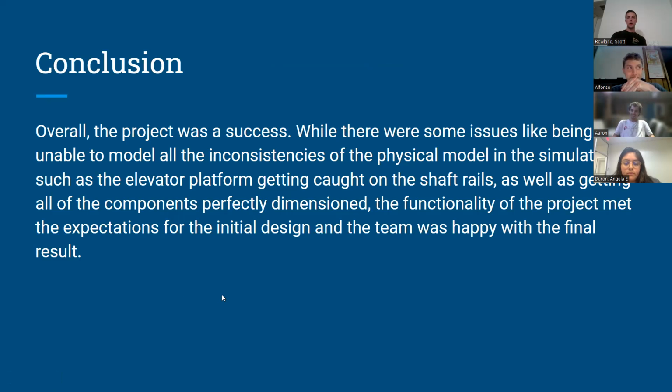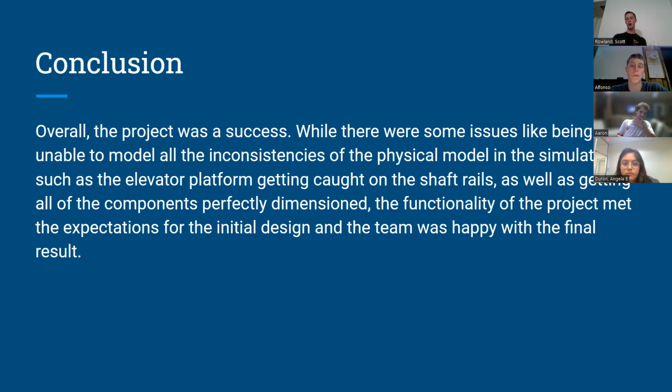And while there were some issues, mostly in terms of getting all of the dimensions and the components correctly configured, and we did have some issues with modeling every single one of the inconsistencies of the physical model within our Simulink simulation. The most notable example being how when the elevator occasionally catches on the rails, because it was kind of a fringe situation, we weren't able to accurately model that.